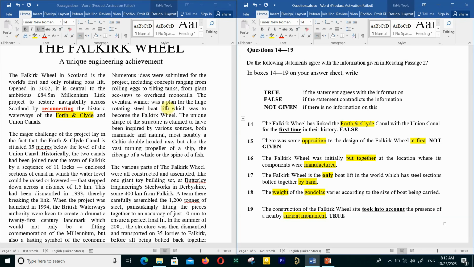The eventual winner was a plan for the huge rotating steel boat lift, which was to become the Falkirk Wheel. The unique shape of the structure is claimed to have been inspired by various sources, both man-made and natural, most notably a Celtic double-headed axe, but also the vast turning propeller of a ship, the rib cage of a whale, or the spine of a fish.